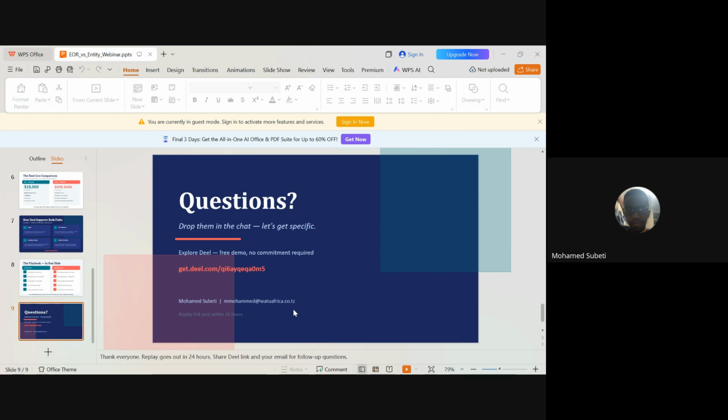Deel lets you add benefits on top of the statutory minimum, which matters a lot for hiring competitively in markets where health is covered. Also, Deel partners with Bolt, so you get a discount of at least 50% on your rides. And there's also Deel Immigration, so Deel can help you with issues to do with visas, H-1B visa, and such.